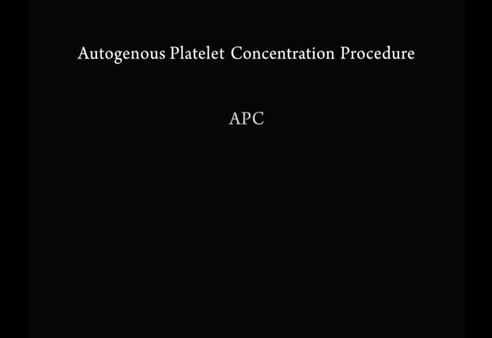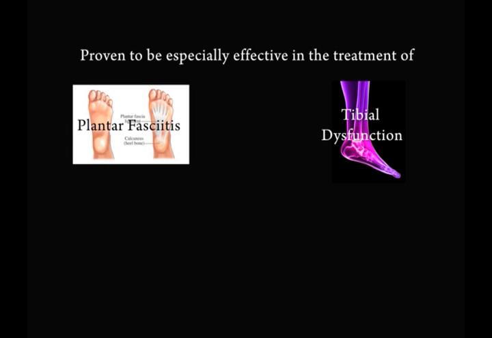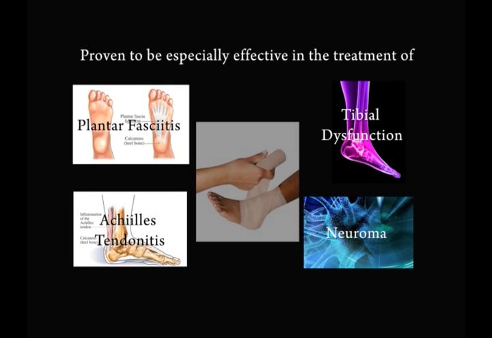Autogenous platelet concentration procedure, or APC, has been used clinically for over a decade and has proven to be especially effective in the treatment of several podiatric ailments, including plantar fasciitis, tibial dysfunction, Achilles tendonitis, neuroma, as well as neuropathic and trophic ulcers.